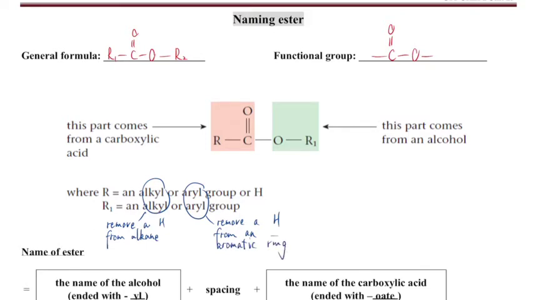Actually, we've seen an example on the previous page, which is this group. So you can draw it like this, or you can draw it like this. For this group, we call it a phenyl group.